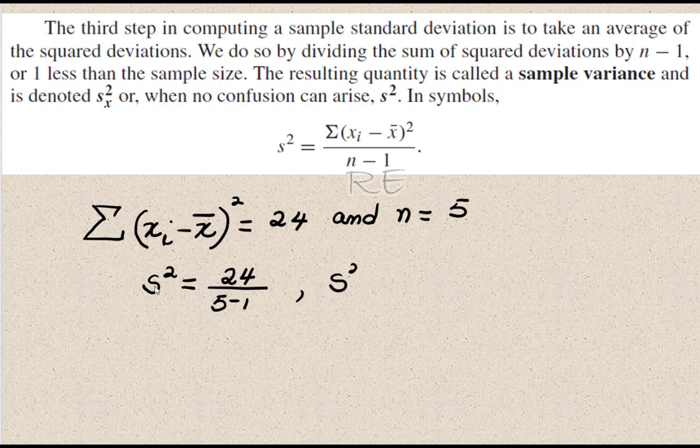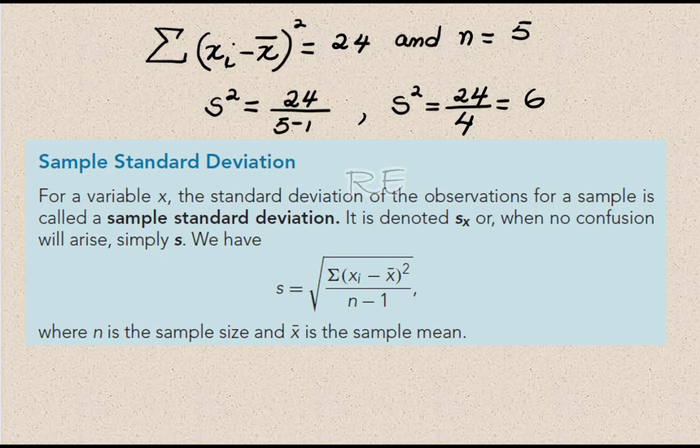So the sample variance will be 24 divided by 4, which is 6.